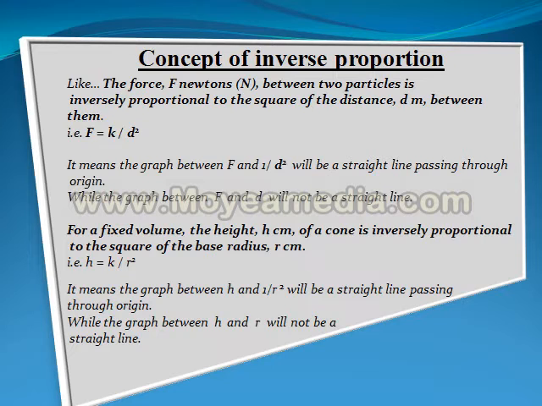Remember, height is measured in meters or centimeters, a length, and the radius is also a length. So mathematically we will say h is equal to k over r square. Again, if we plot the graph between h and 1 over r square, it is going to be a straight line passing through the origin, while the graph between h and r is not going to be a straight line.